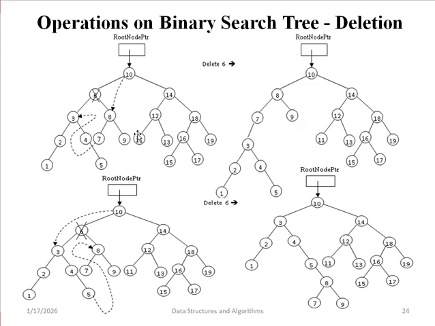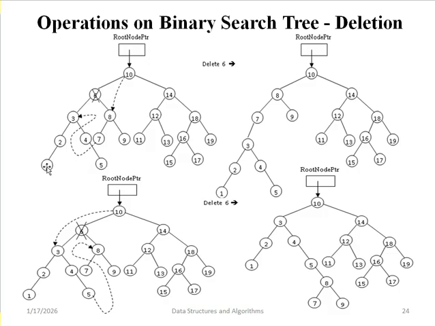So we cannot, but possibly we can also make 3 the left of 10. But when we are making the 3 to the left of 10, this subtree should be connected to the node having the highest key value. This is 5.